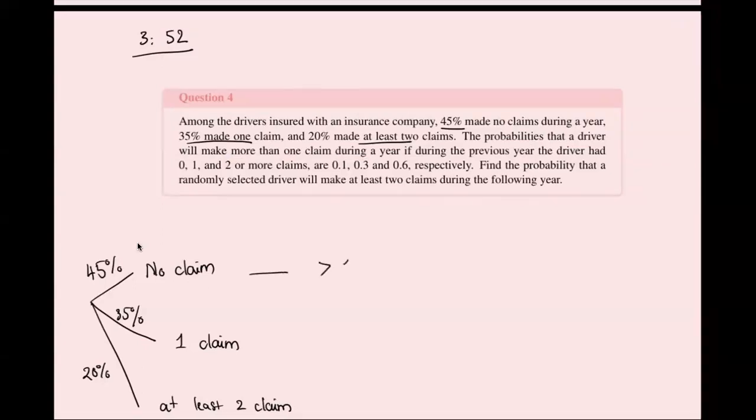So more than one claim is 0.1, which means the complement will be 0.9.